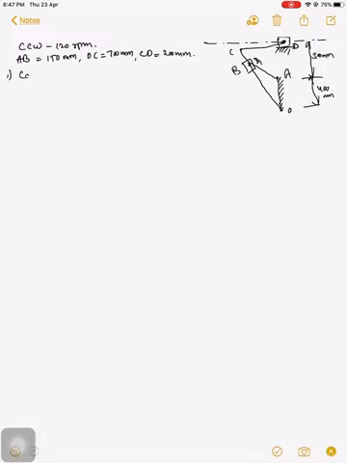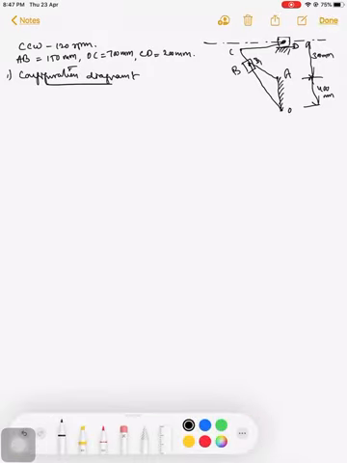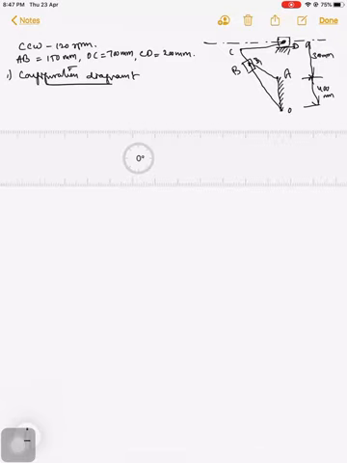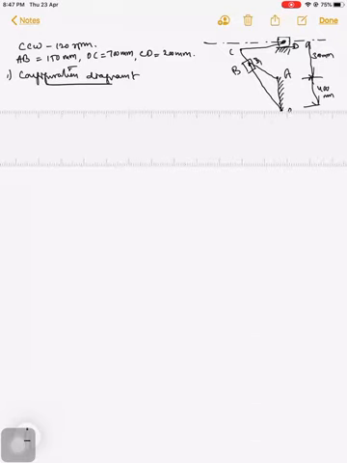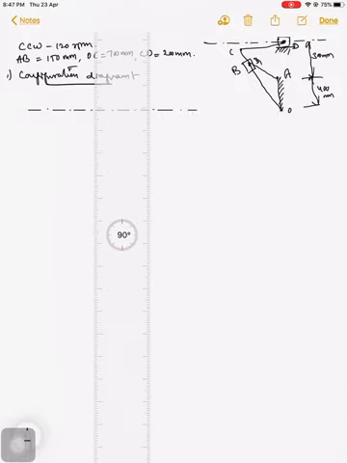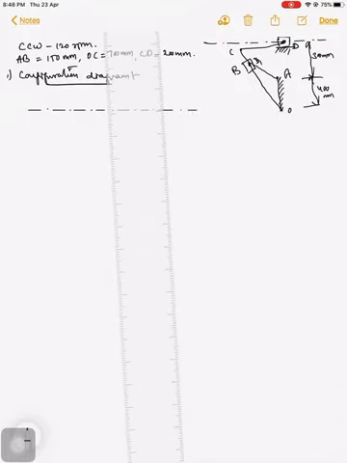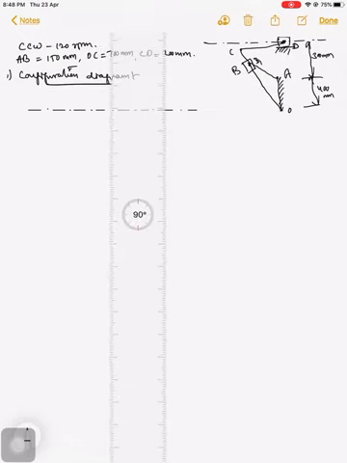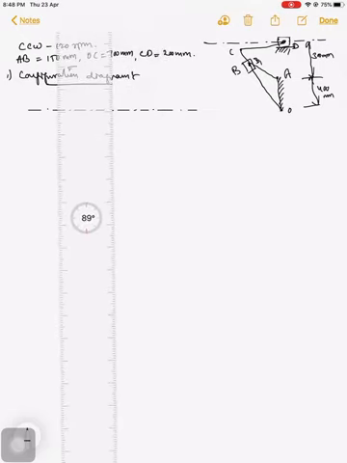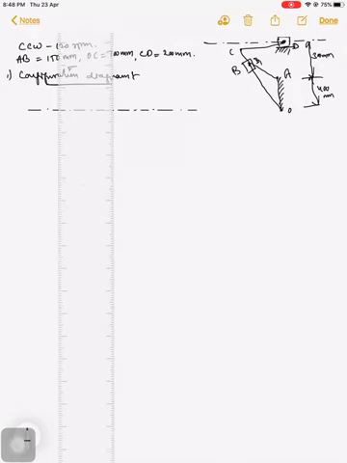So very first step here is draw the configuration diagram. For that, what I'll do is, initially let us take a line. Then measure 700 millimeter or 7 centimeters.